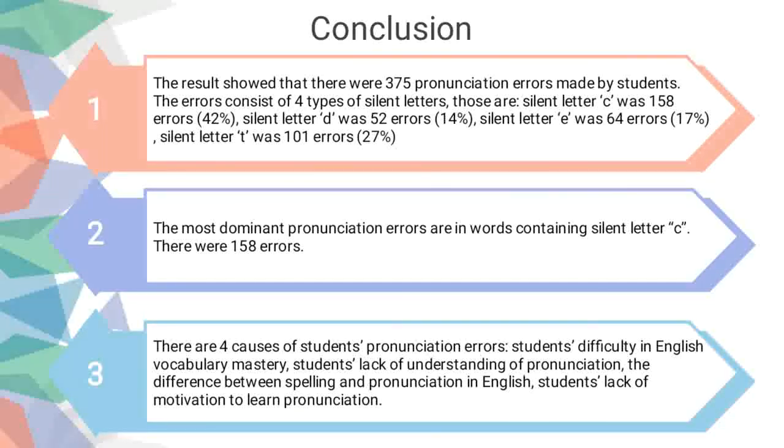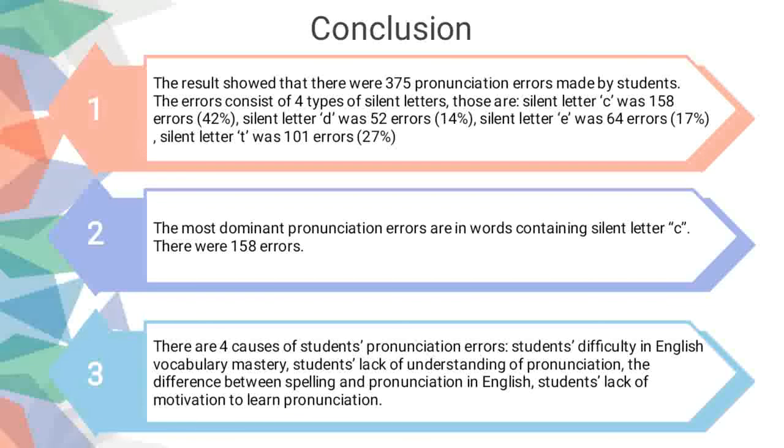Silent letter D was 52 errors or about 14%. Silent letter E was 64 errors or about 17%. And silent letter T was 101 errors or about 27%.